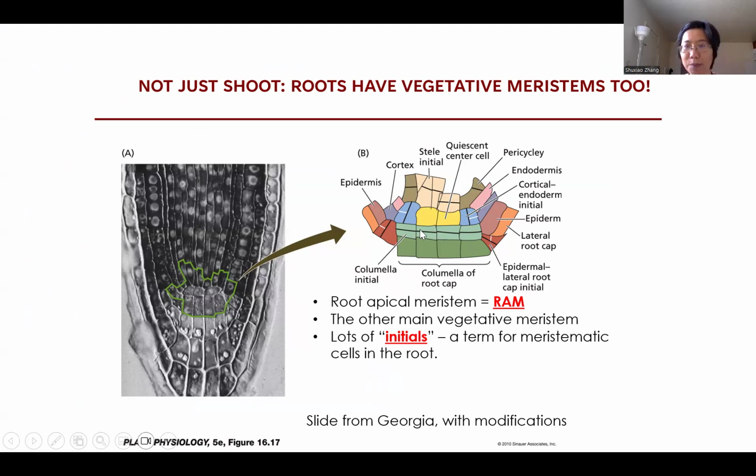There are a lot of different cell types. We're going to cover them in more detail later. But for today's lecture, just remember that for the root, the meristem region is called the root apical meristem, or REM for short. So we have SEM for the shoot, REM for the root. It is the other main vegetative meristem in the plant, and it gives rise to a lot of initials, which is what we call the meristematic cells in the root that are committed to different lineages of cells.